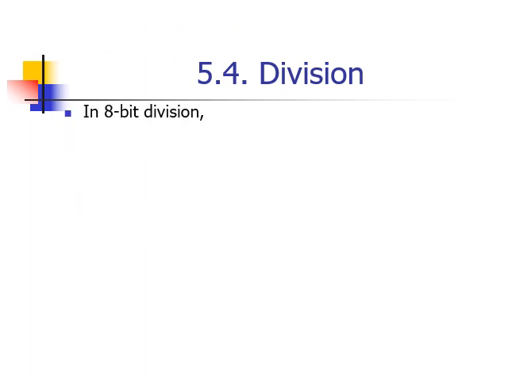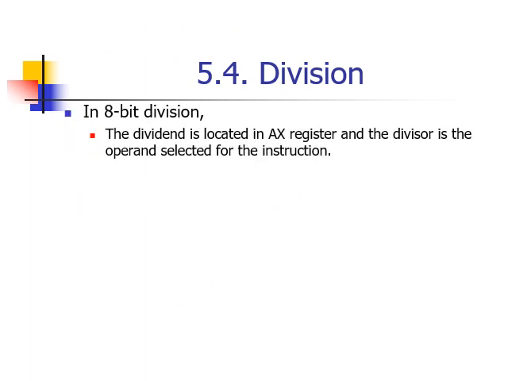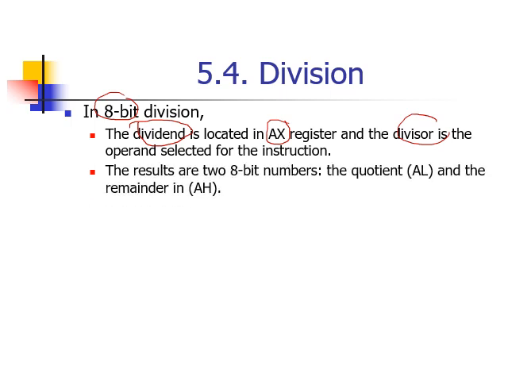In 8-bit divisions, the converted 16-bit dividend, converted from 8 to 16 bits, should always be located in AX. And the divisor is selected by some operand. The results are two 8-bit numbers, a quotient placed in AL and a remainder placed in AH.